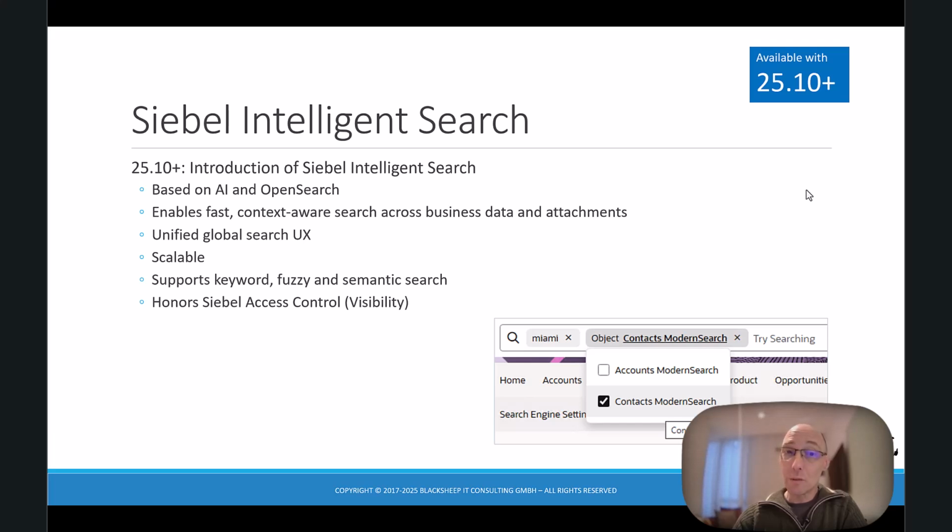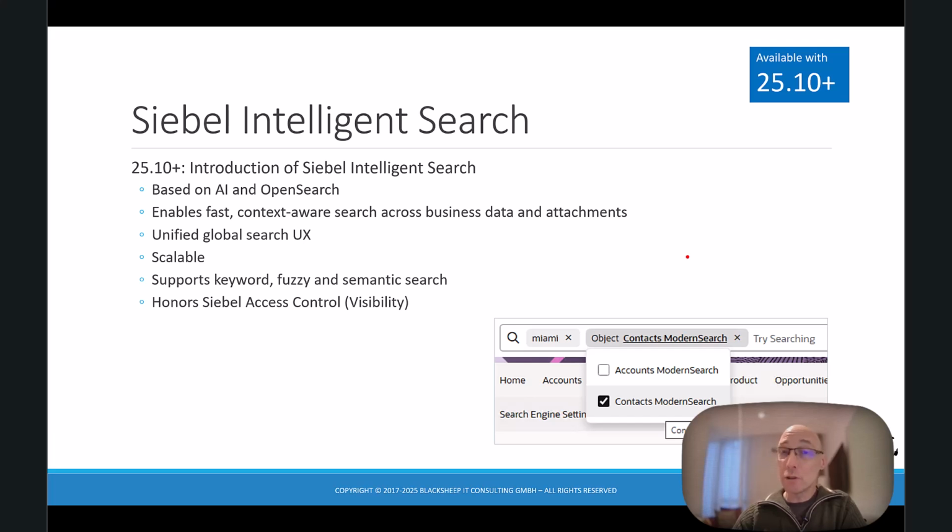So it's an open source software that is very popular, and it's AI-based, so it has built-in machine learning models that help you with the semantic search and the vectorization of data. And so it's a truly splendid choice of third-party search engines. So Siebel, of course, is well equipped to send the data for indexing there, to do incremental indexing.